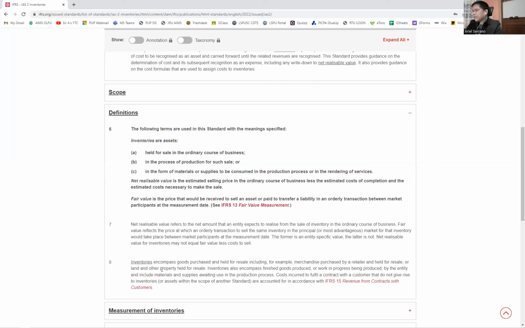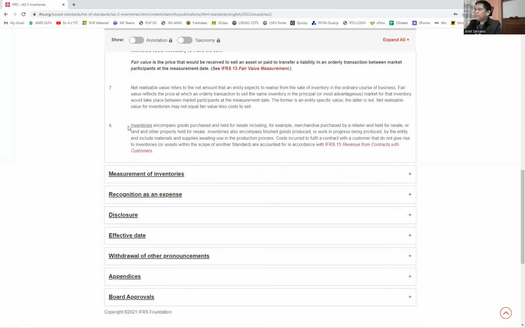Now, on paragraph 8, ano ang sinasabi naman dito? Inventories encompass goods purchased and held for resale. Okay? Sa isang trading type of business, merchandise type of business, excuse me, bibili ka ng produkto, ibebenta mo.